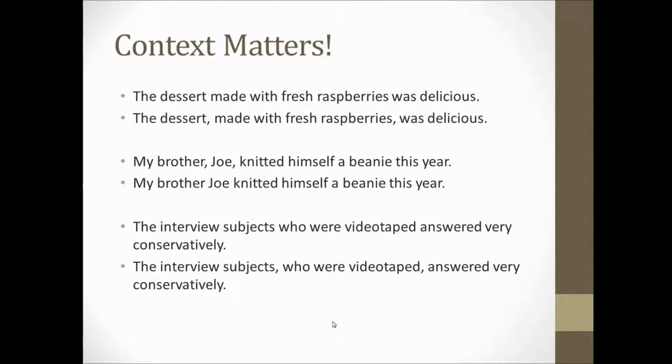And the ones that were videotaped answered one way, and presumably the ones who were not videotaped answered another way. In the second sentence, there's only one set of interview subjects. They were all videotaped and they all answered conservatively. This doesn't tell which group answered conservatively. There's only one group under discussion.